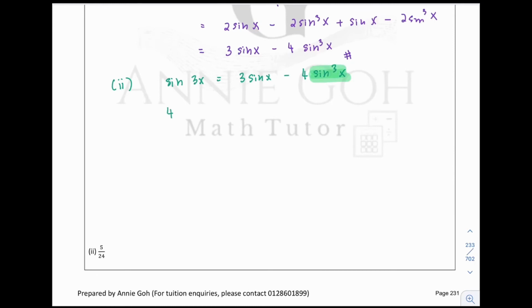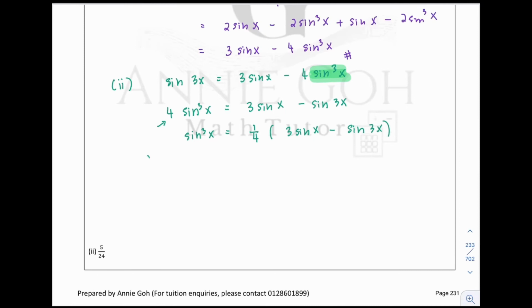So 4 sin cube x, I'll put on the left hand side. The rest, you move to the right hand side. The question is asking for sin cube x, which means we have to remove this 4. So the 4 should move over to the right hand side. So it becomes 1 over 4, times 3 sin x minus sin 3x.